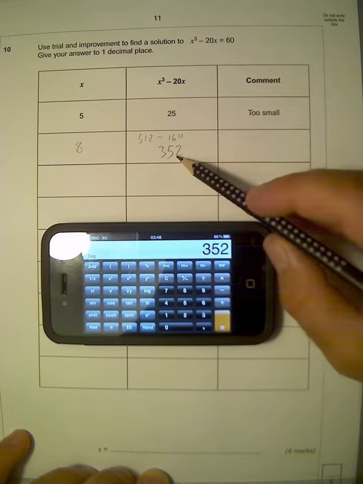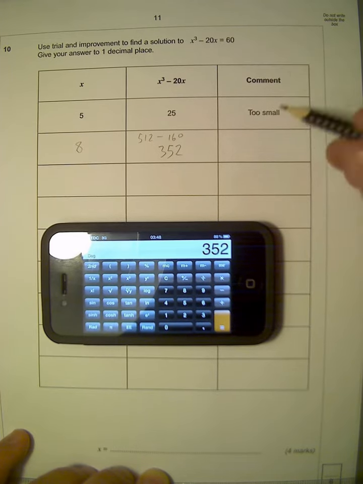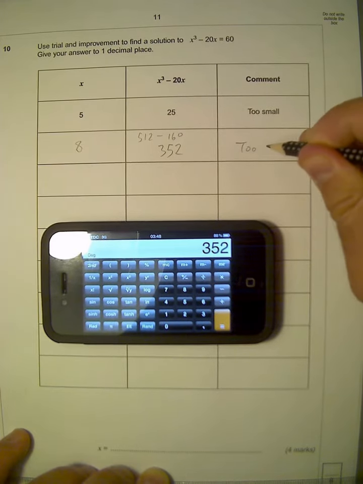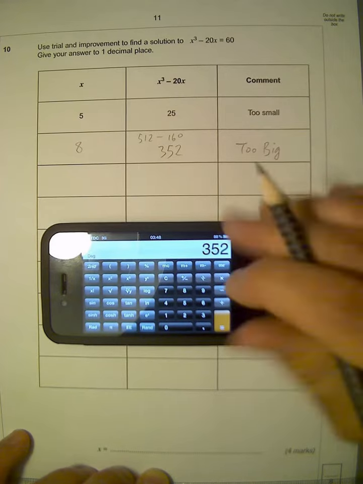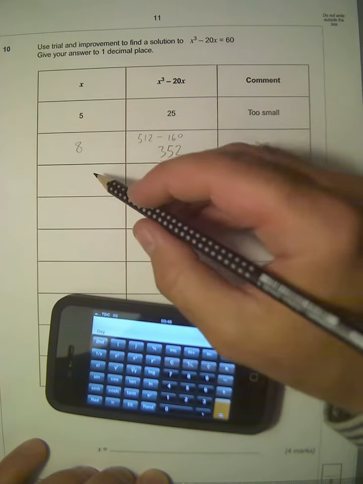Now 352 is way too big if we're aiming at 60. Comment, too big.